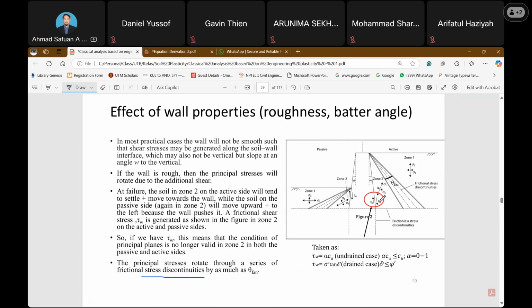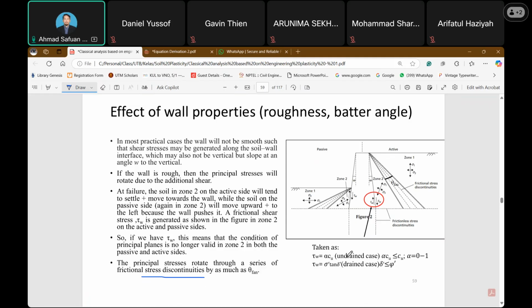There will be two values based on the different soil behavior. For the undrained case, tau w is equal to alpha Cu. Usually alpha ranges between 0 and 1, and it should be less than the value of Cu when we multiply alpha with Cu.